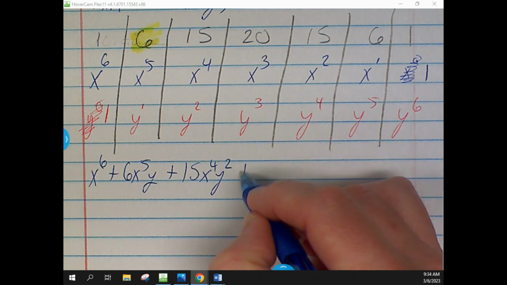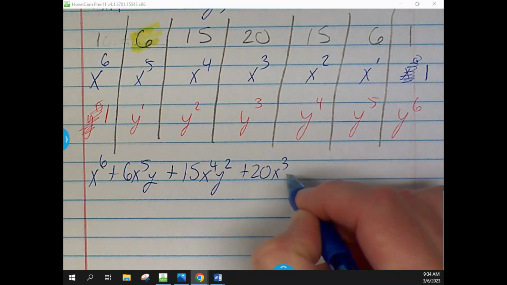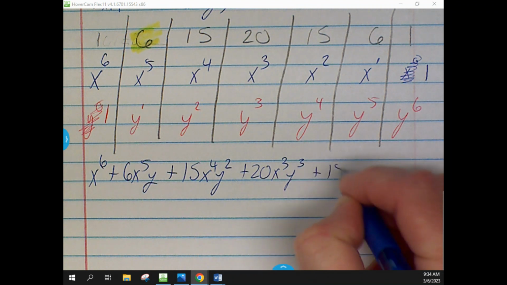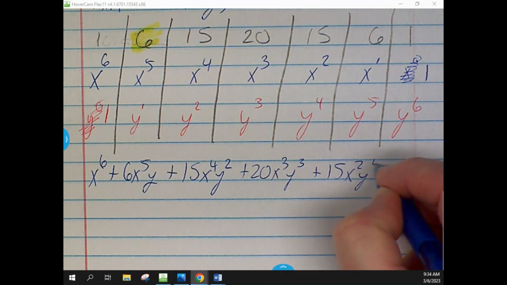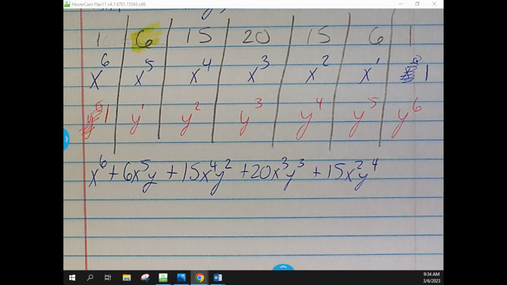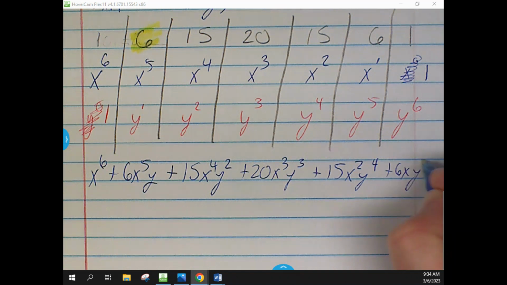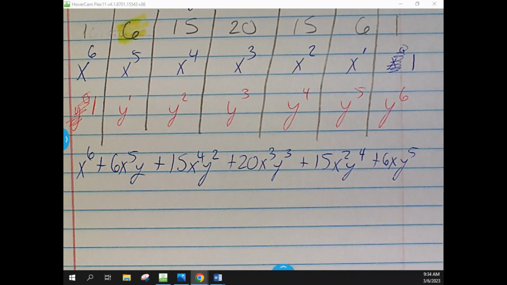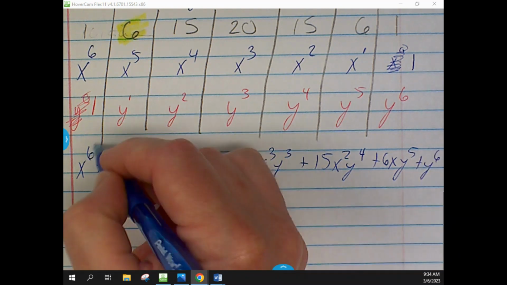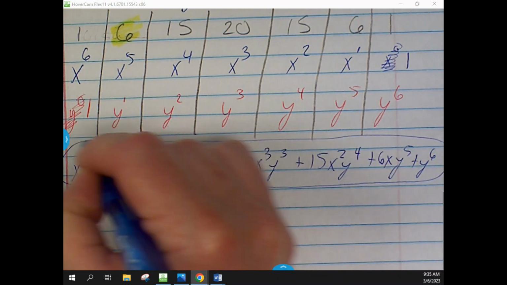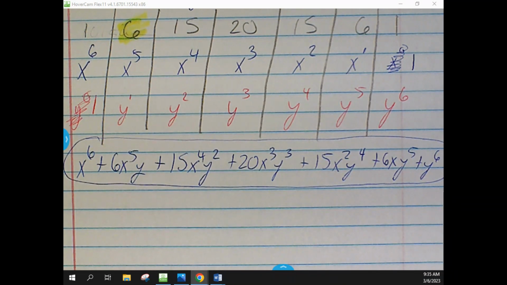It's 20 x to the 3rd y to the 3rd. 15 x squared y to the fourth, 6 x y to the fifth, and then finally at the end we've got 1 times 1 times y to the sixth, which is just y to the sixth. And that, my friends, is your answer.